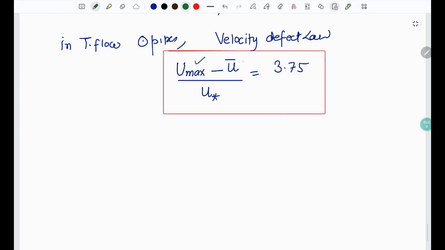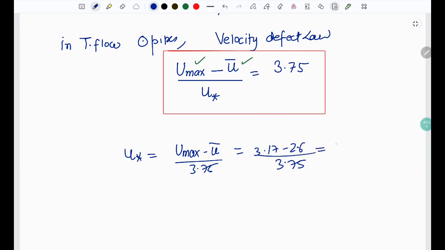Given U max and u bar, we had to find out the shear velocity. Shear velocity u star I can find as u max minus u bar by 3.75. That will be 3.17 minus 2.6 by 3.75. That will come out to be approximately 0.152 meter per second.